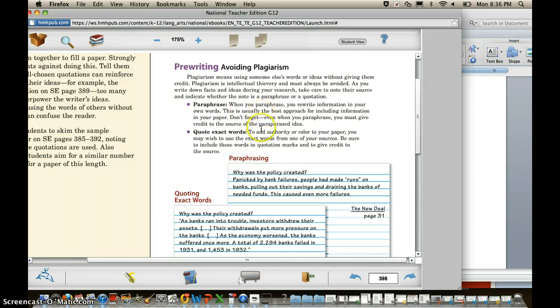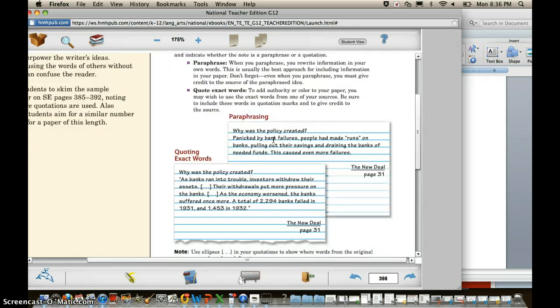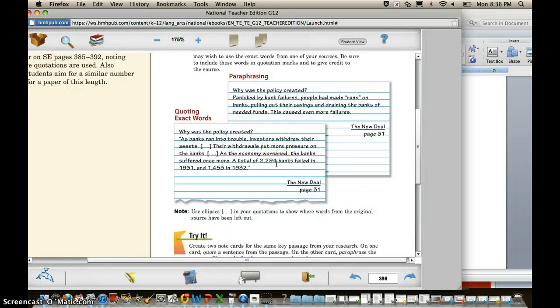This is usually the best approach for including information in your paper. Don't forget, even when you paraphrase, you must give credit to the source of the paraphrased idea. Again, otherwise it's plagiarism. Okay, so paraphrasing can be tricky because sometimes we are wanting to use the words that the author uses, but we have to really focus in on not using their exact words.